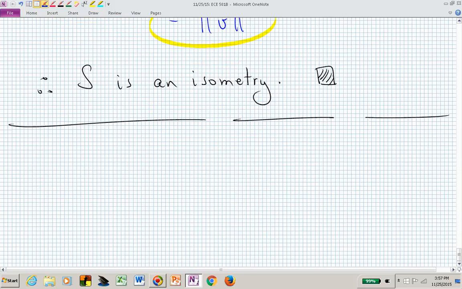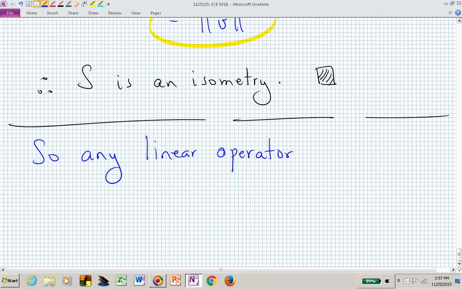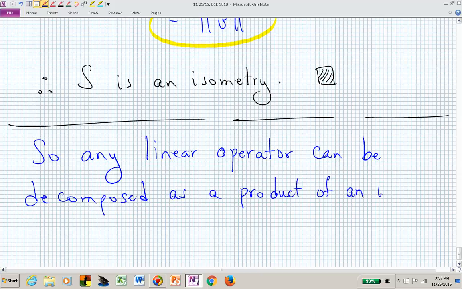What have we done? So now we have shown that any linear operator can be decomposed as a product of an isometry and a positive operator.